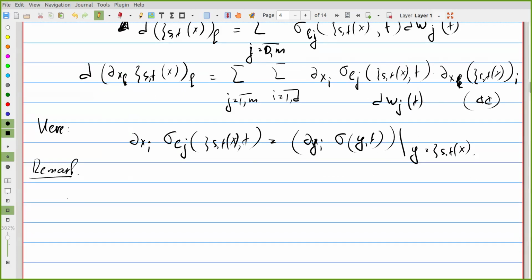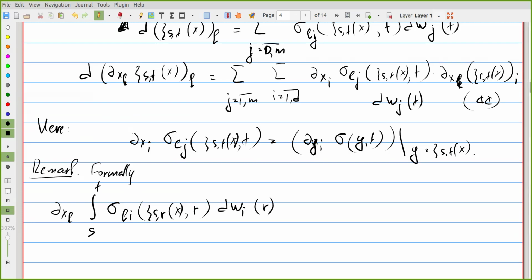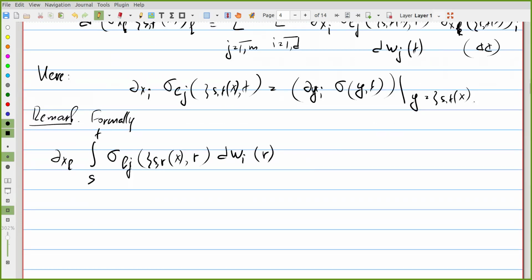So if we just formally take the k-th derivative of this stochastic integral, informally, in our notation, we take the full derivative, we differentiate with respect to all the variables, and then we differentiate with respect to x_k.